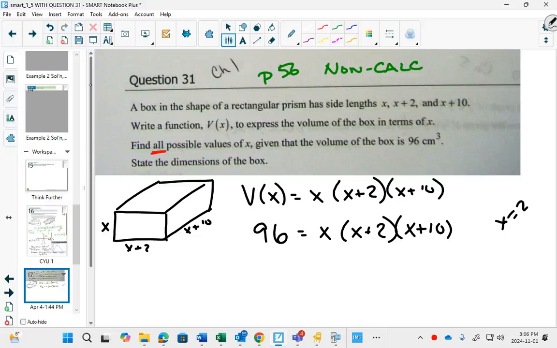And here's where the controversy started. Students who did that got 2 out of 5 and lost 3 marks, which people thought was overly harsh. Okay? When you guess and check, you don't know if you found them all. You have found one.